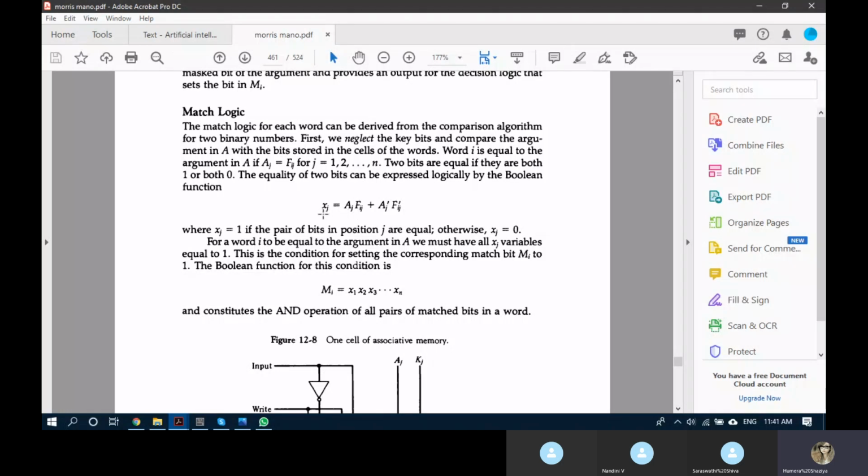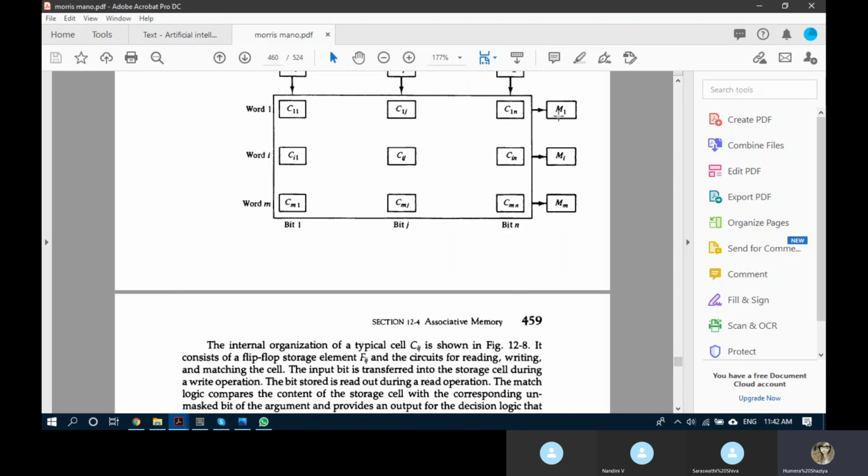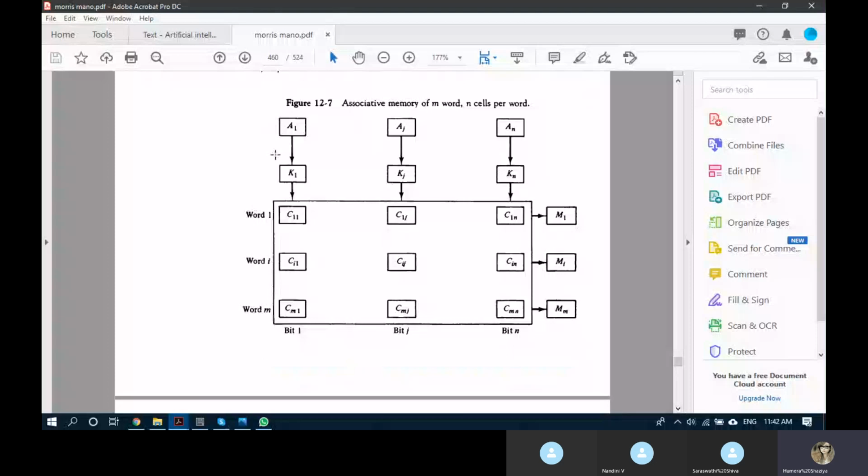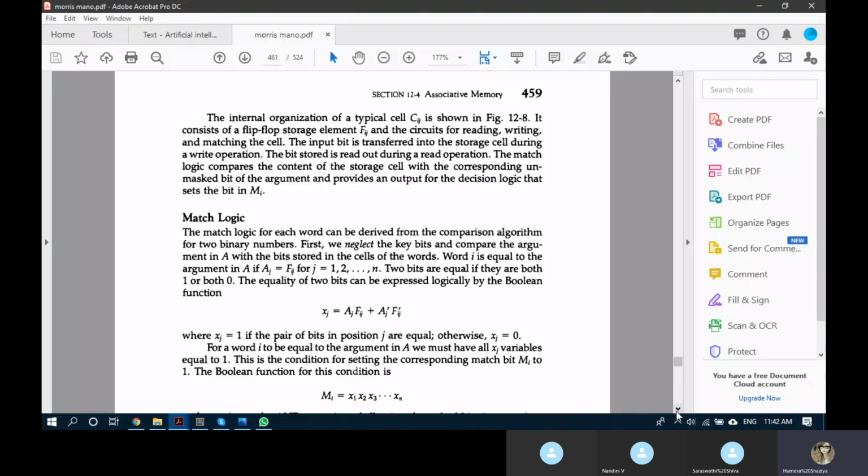If you get 1, then x sub j is 1. What is x sub j? This can be x sub j, this can be x sub j plus 1, x sub j plus 2, like that. When do you get 1 here? When this A is 1, and consider this to be F. F is 1, A is 1. When both are 1 1, or when both are 0 0. If both are 0 0 also, you get xj to be 1.